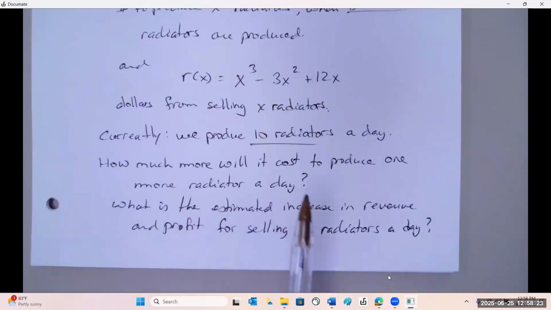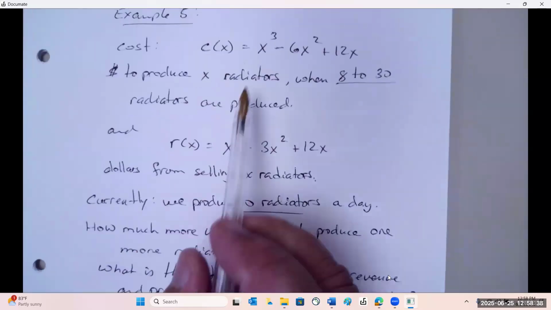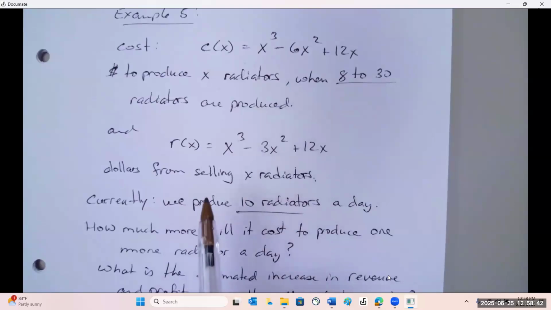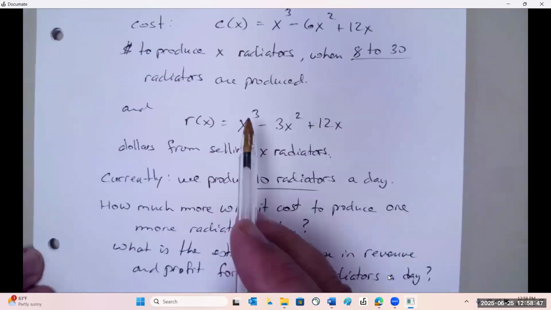And if we do produce those, we know how much it'll cost. What is the increase in revenue and profit for that one extra radiator? So how do we figure that out? What's the first thing we have to figure out? We figure out our current cost and our marginal cost, because we're changing from 10 to 11.